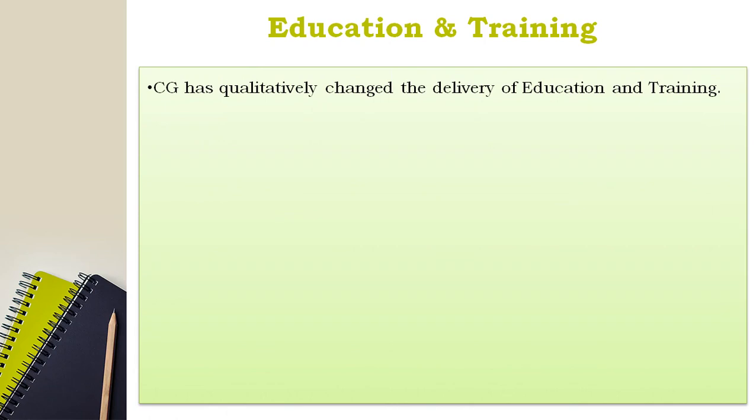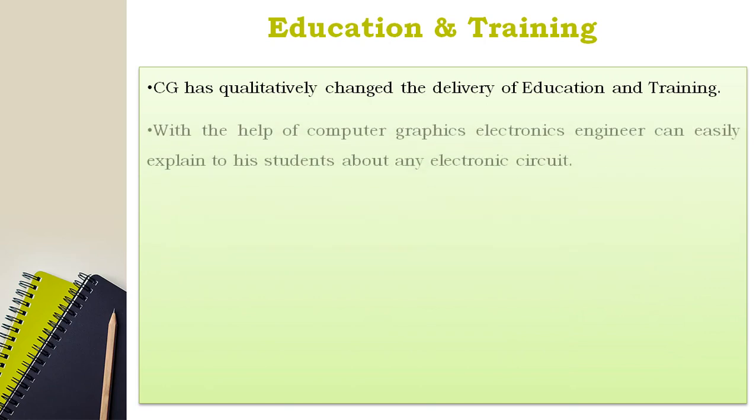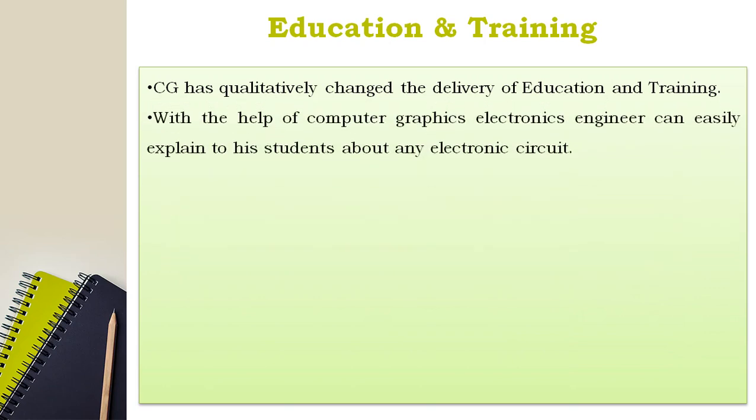Education and training is the major part in which we can apply computer graphics. It has qualitatively changed the delivery of education and training. With the help of computer graphics, an electronics engineer can easily explain to his students about any electronic circuit. In every type of engineering, we can apply this content. Maybe computer science, maybe electrical, maybe electronics, or any other category.